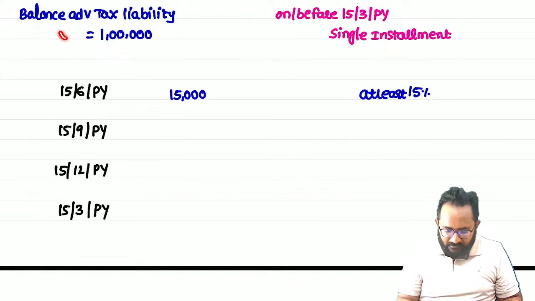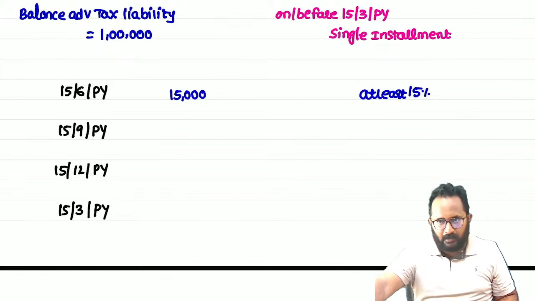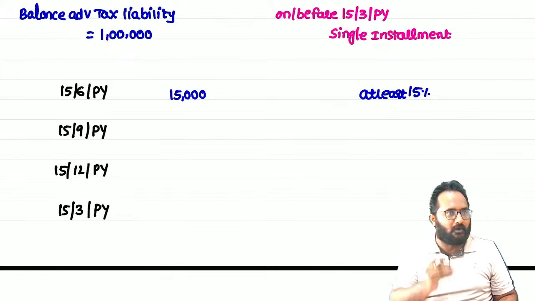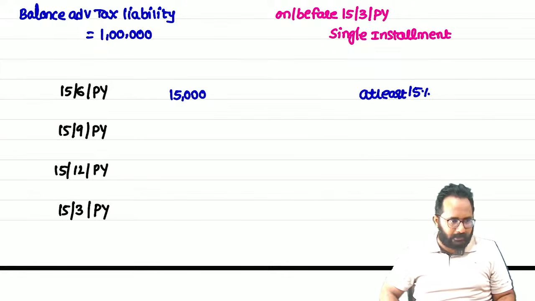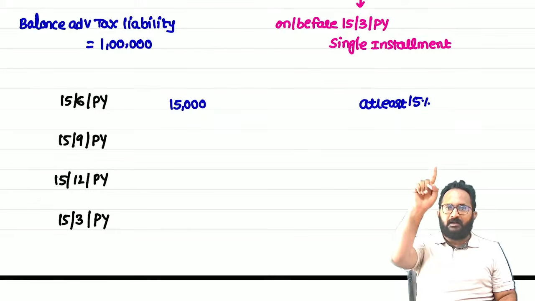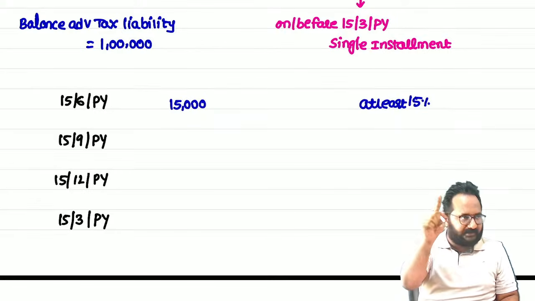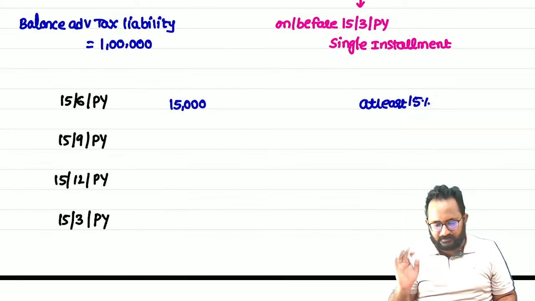When we estimated these things on the first day of the previous year itself, we computed the tax and gave some credits. What credits do we give while computing the balance advance tax liability? TDS, TCS, relief under section 89(1), DTAA credits, MAT and AMT credits, all these we reduce.